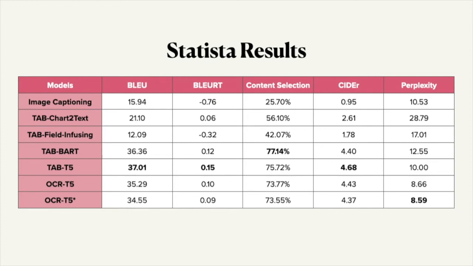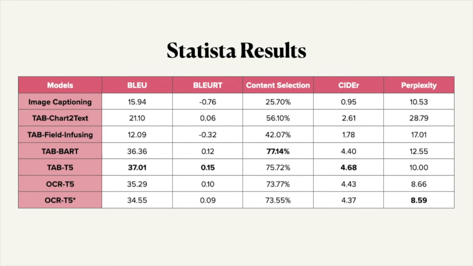indicates better performance. So for the Statista dataset results that you see on the screen, we observed that the models with large-scale pre-training, which are the BART and T5 models, performed significantly better than the other models, showing the benefit of this pre-training. And for the T5 model, we observed that the TAB T5 model performed better than the OCR T5 and OCR T5 asterisk for most of the metrics.